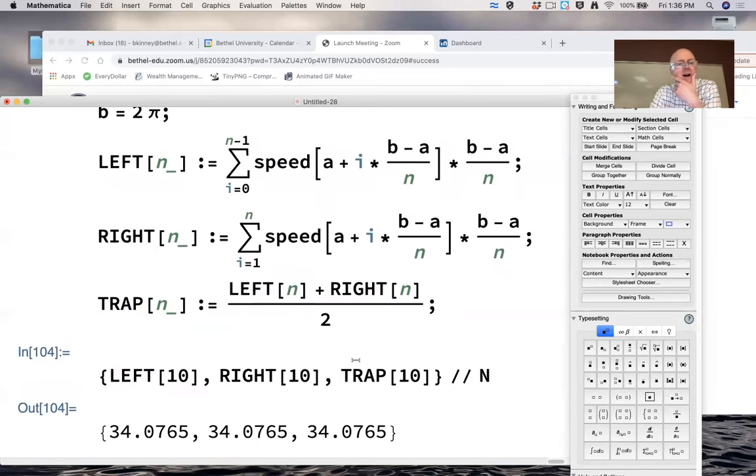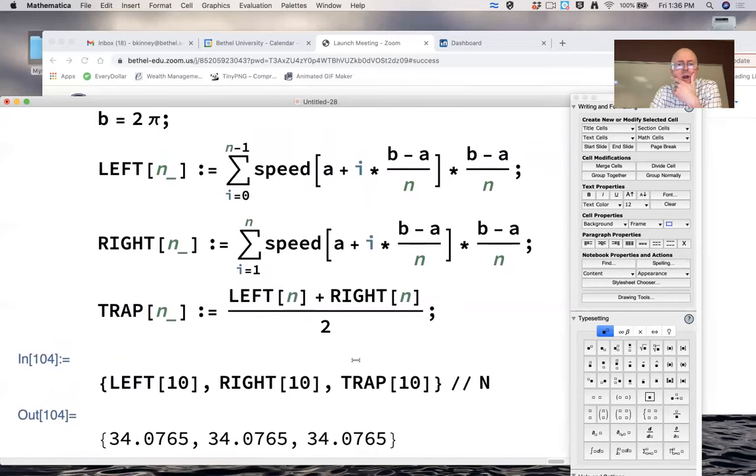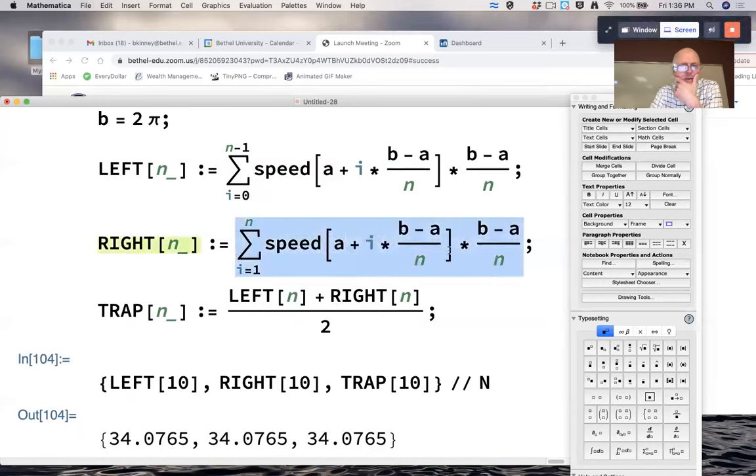This shouldn't happen. I'm not sure what's wrong. Everything looks right. It should not be giving the same thing. Why are they giving the same thing?